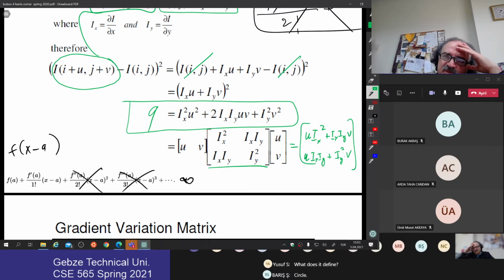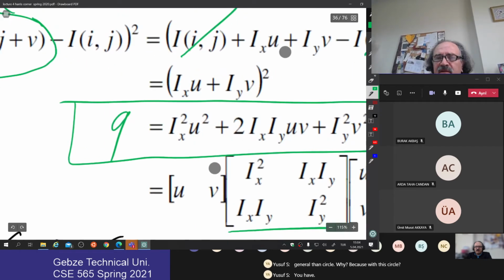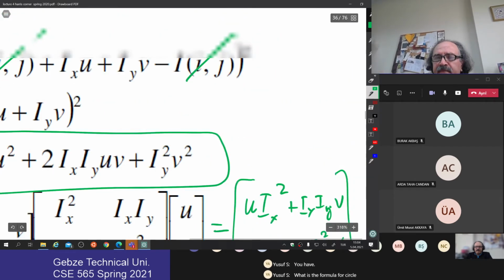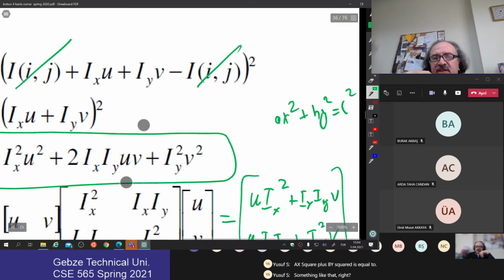You're very close, but it is not a circle actually. It is more general than a circle. Because with a circle, what is the formula for a circle? Ax squared plus by squared is equal to something like that, right? This is more general.